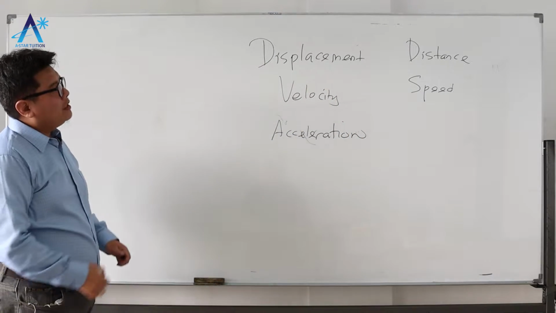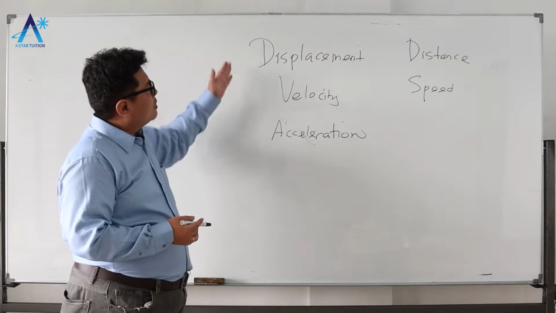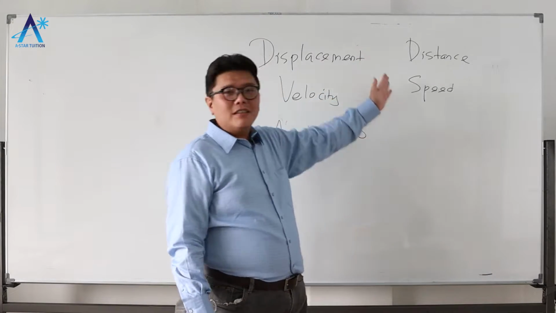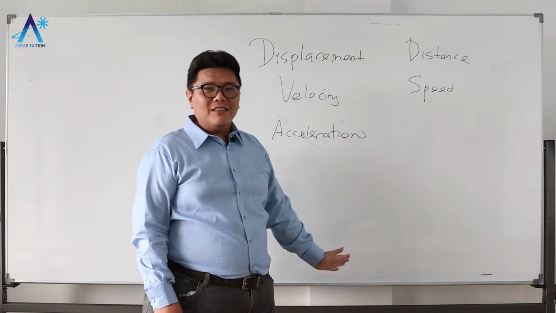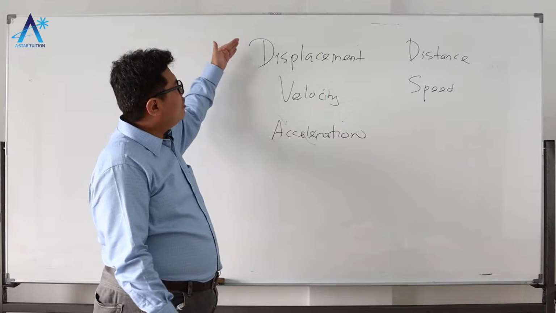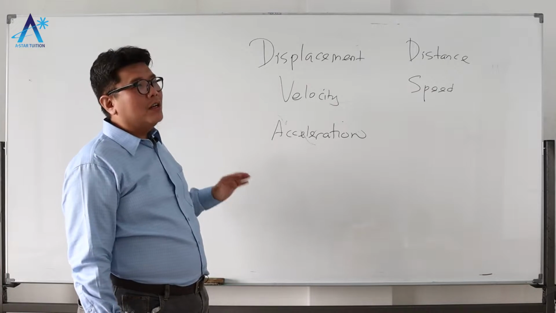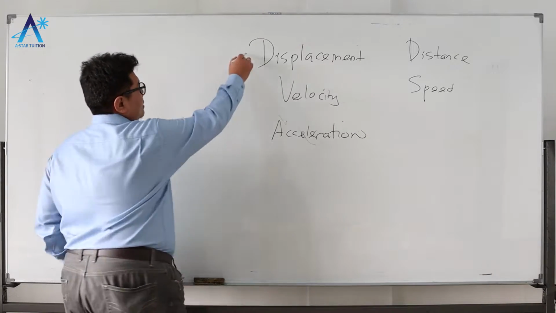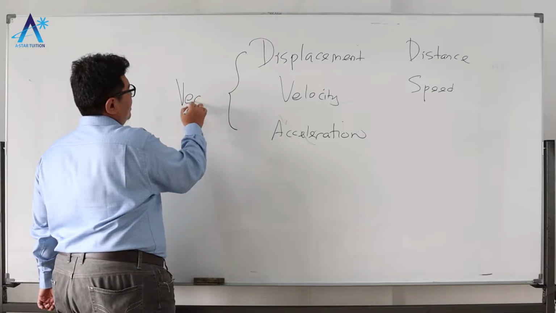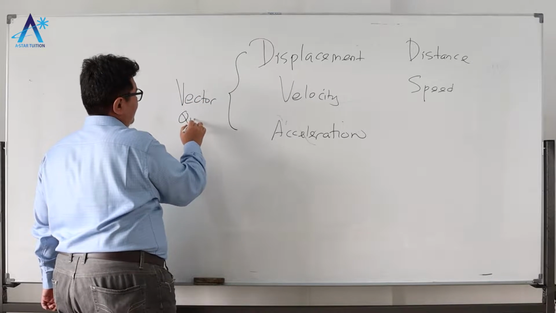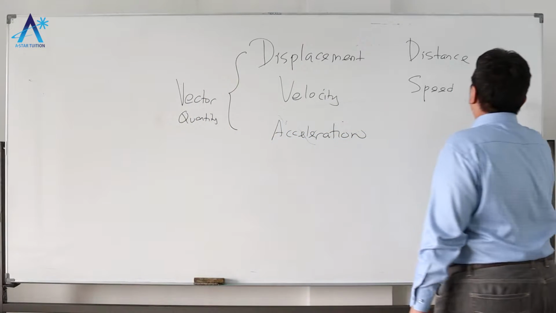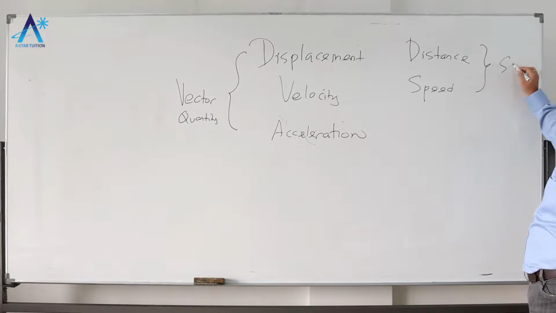You might notice that I put these quantities in one column and these quantities in the other. Why do I do that? Because they belong to one particular classification of quantity, what we call vectors. So this is a vector quantity, whereas these two are known as scalar quantity.